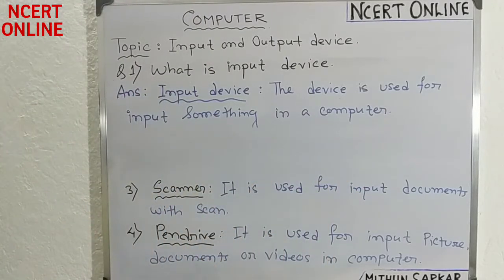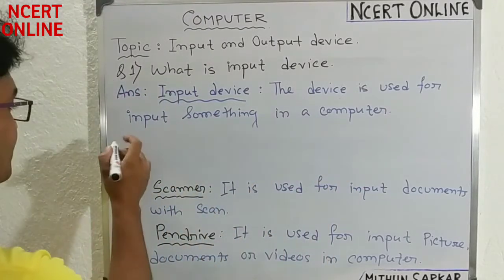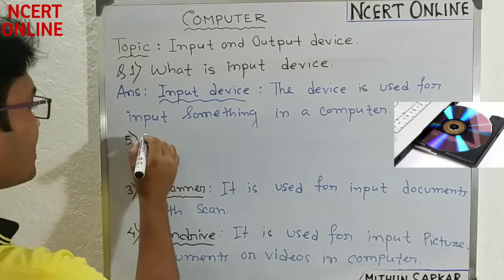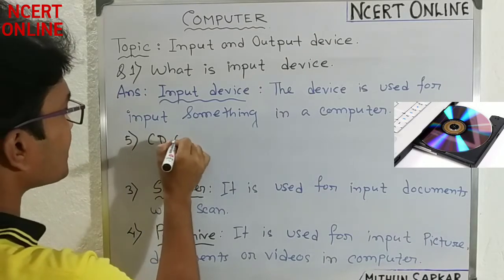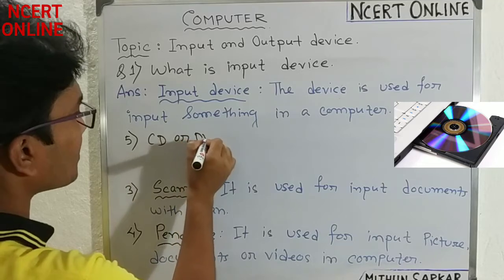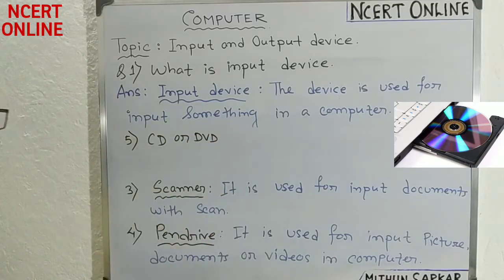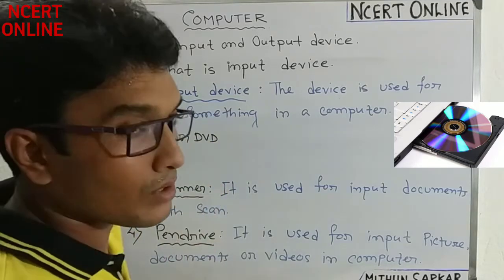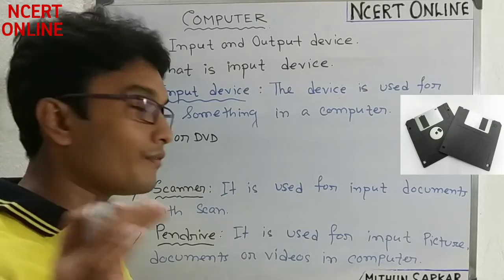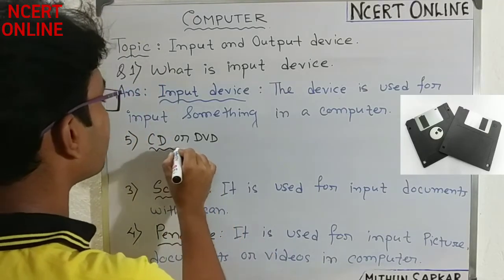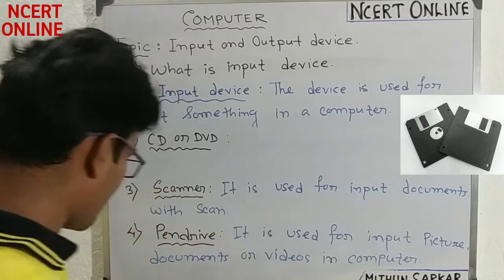Then CD. It is also an input device. CD or DVD. It is a disc: CD disc, DVD disc, or sometimes also a floppy disc. We can use this also as an input device.